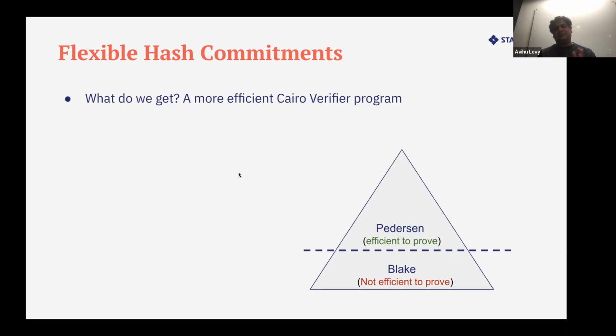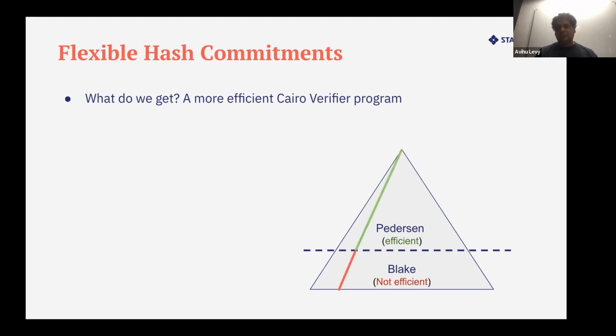So what do we get? Let's start with the verifier program. The verifier doesn't treat the entire commitment tree. It only takes a single path of the tree, and it has to verify them. And the fact that the verifier has to verify them means that in the Cairo verifier program, we will need to prove the verification of those Merkle paths.